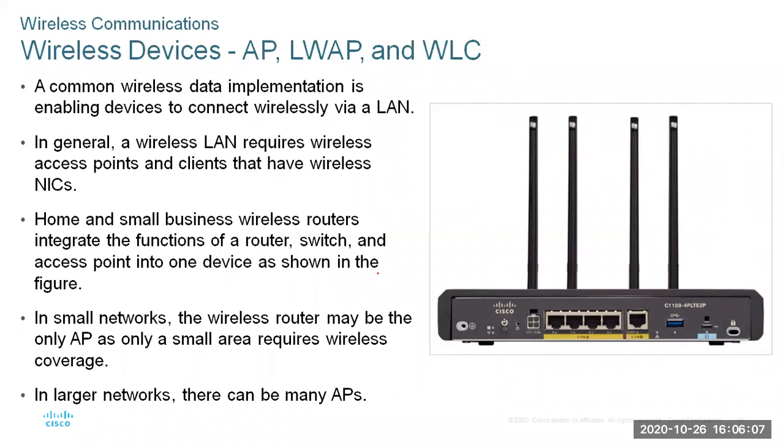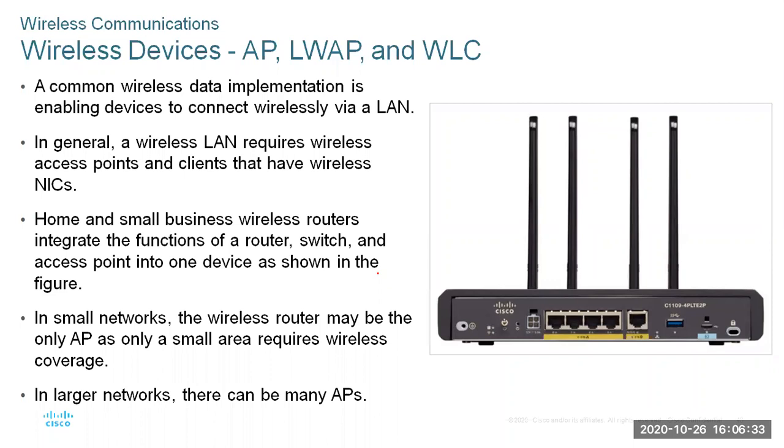A common wireless data implementation is enabling devices to connect wirelessly via a LAN. In general, a wireless LAN requires wireless access points and clients that have wireless network interface cards.